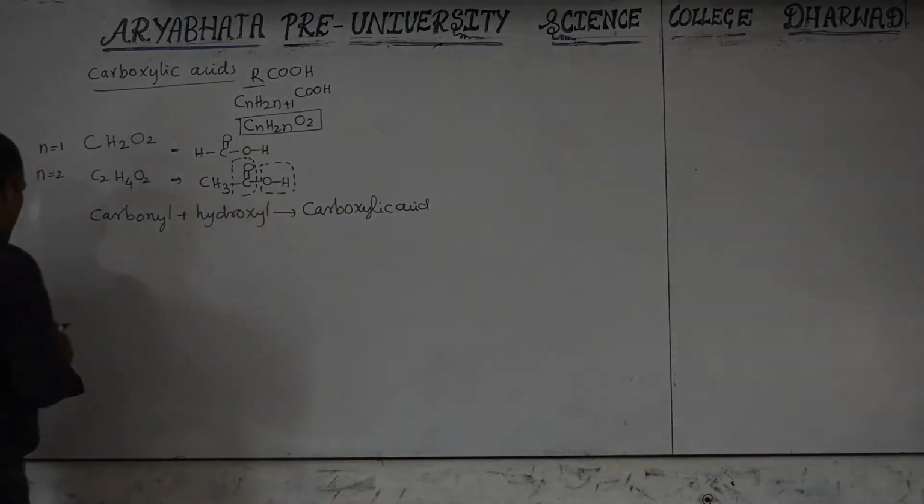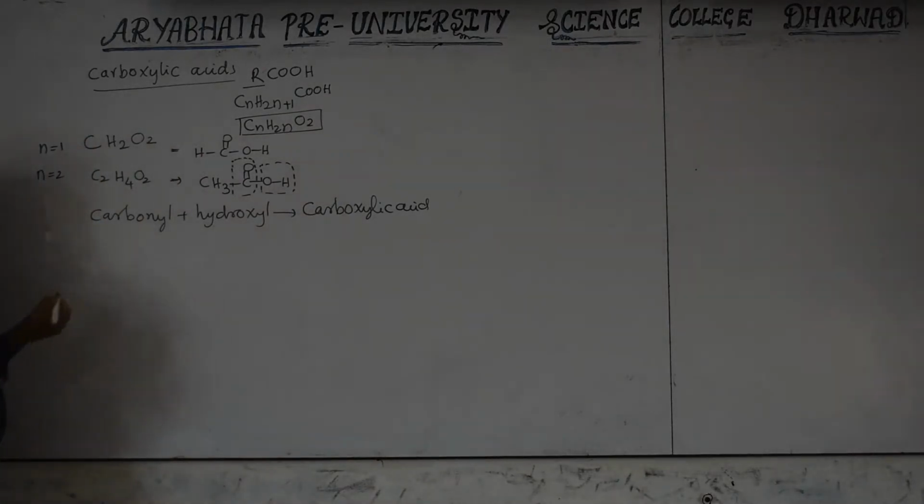That's why it is known as carboxylic acid. Clear? Now this is aliphatic also, aromatic also. R C double bond OH is the general formula. This R may be in 2 ways: one is aliphatic, another is aromatic.